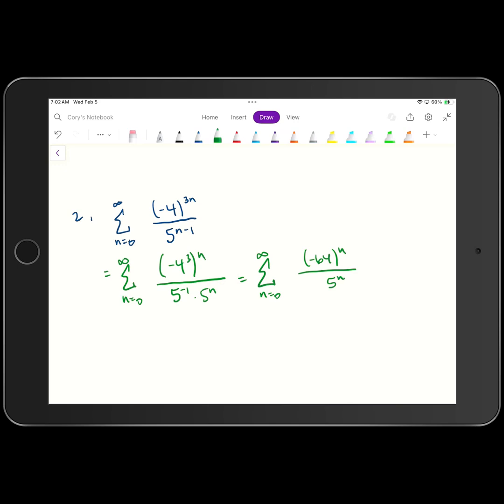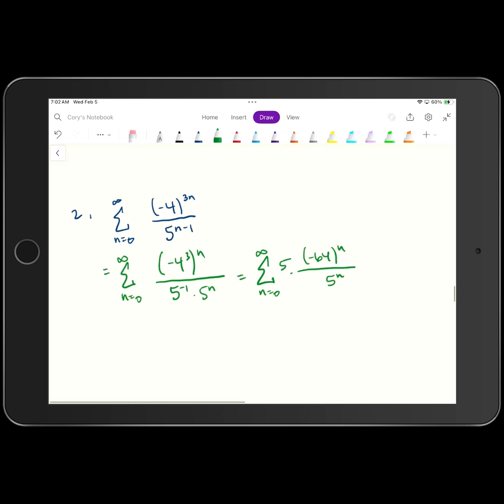When I divide by 5 to the negative 1 power, it's the same thing as multiplying by 5. So I can rewrite this sum as the sum from n equals 0 to infinity of 5 times (-64 over 5) raised to the n power.